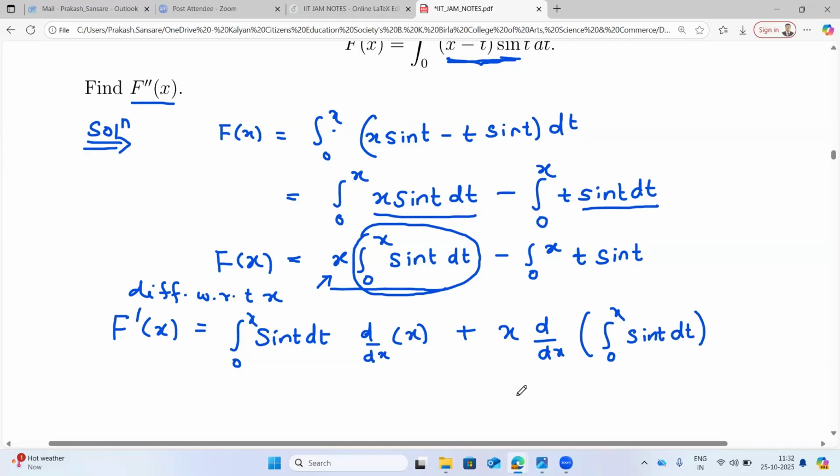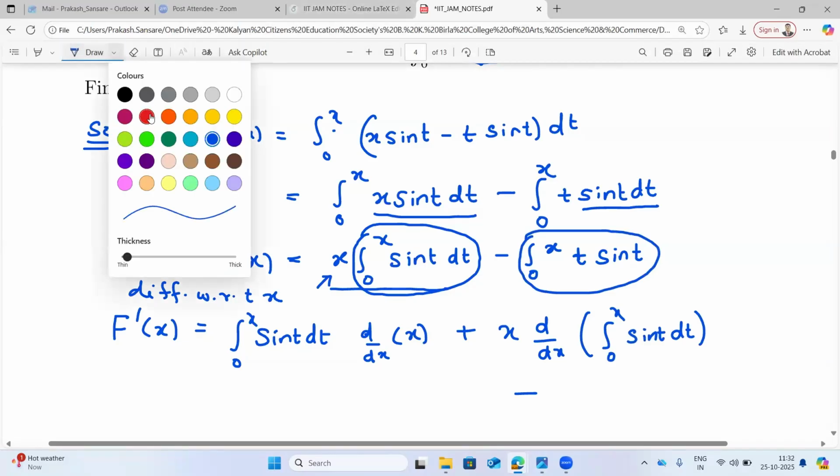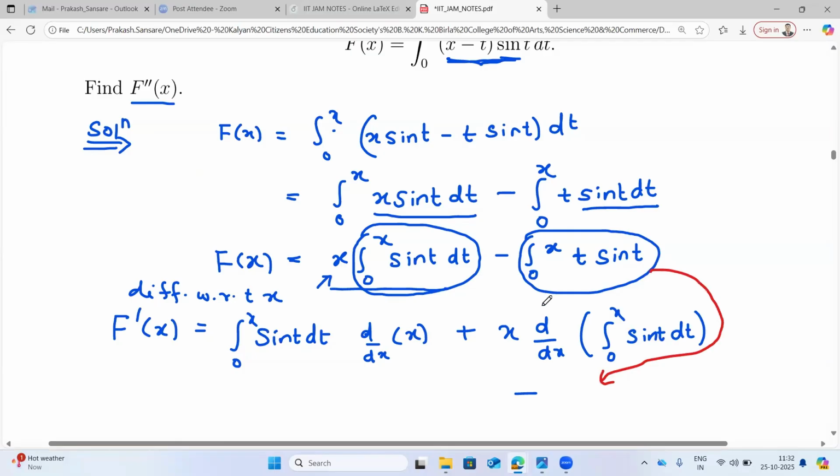Now minus, what is the derivative of the integration 0 to x t sin t?